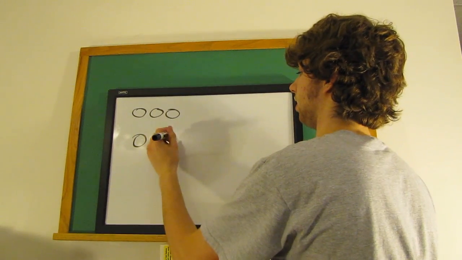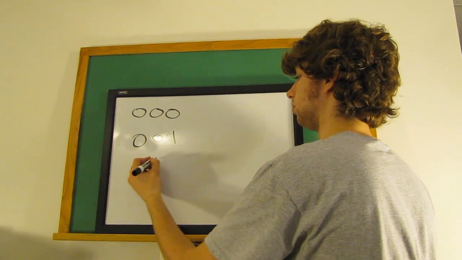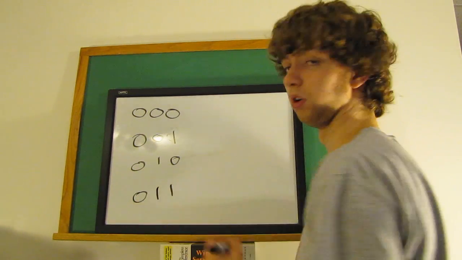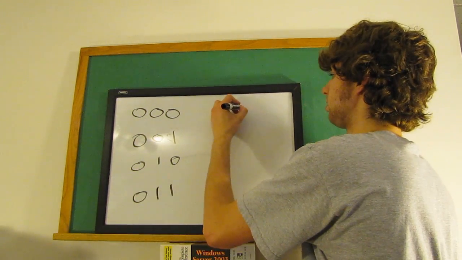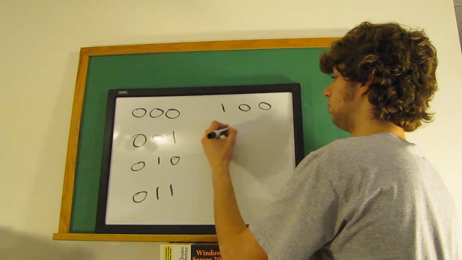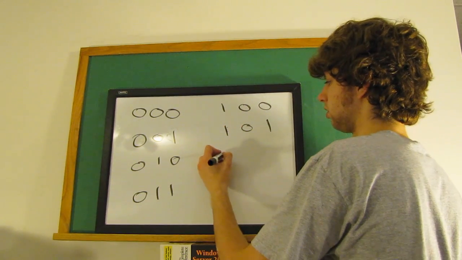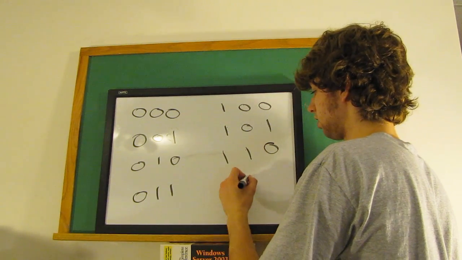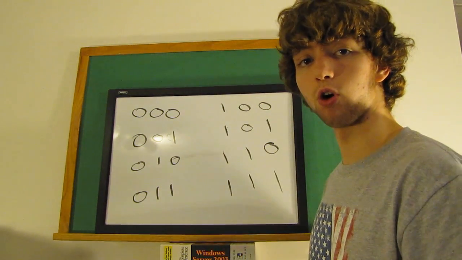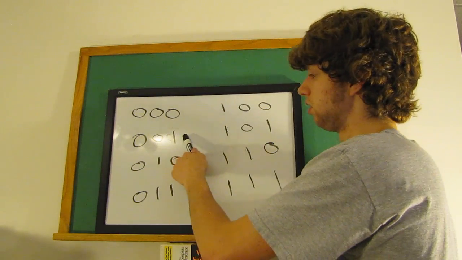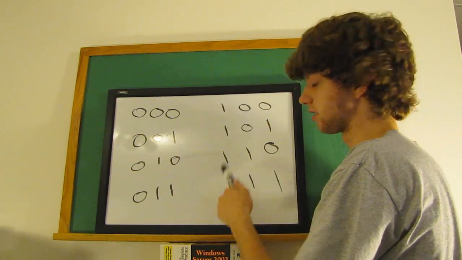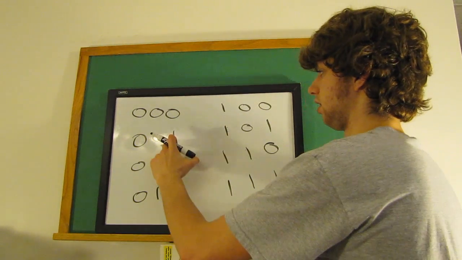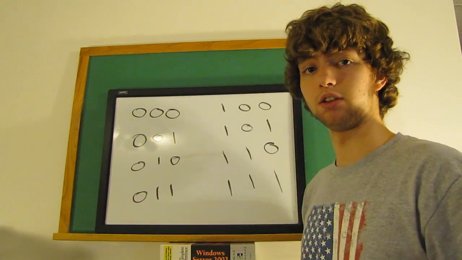I'm just going to represent it with a line, it's easier. 0, 1, 0, 0, 1, 1, 1, 0, 0, 1, 0, 1, 1, 1, 0, and 1, 1, 1. So here's all of our different possibilities. 0, 1, 2, 3, 4, 5, 6, 7. Up to 7 with 8 different possibilities. So this is a 3-bit number.